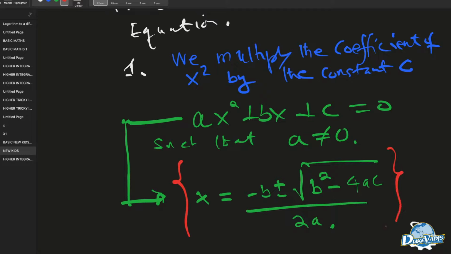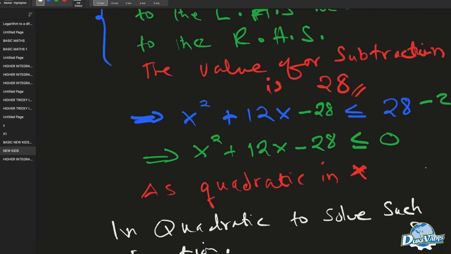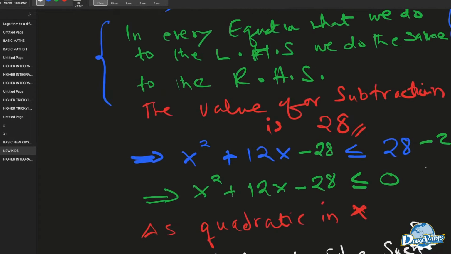So looking at these two formulas, as you can see, these are what we will use to solve equations of this sort. Okay, so let's go back. So from here, we have x squared plus 12x minus 28.